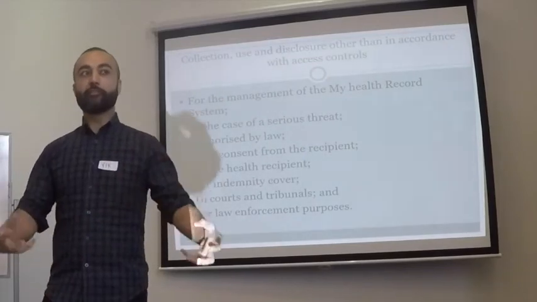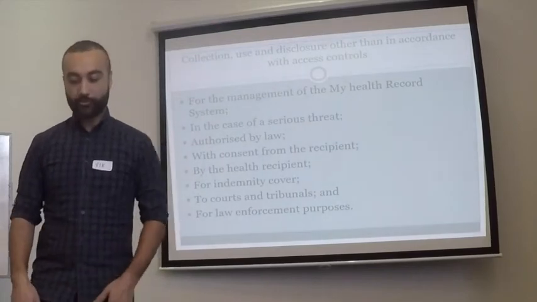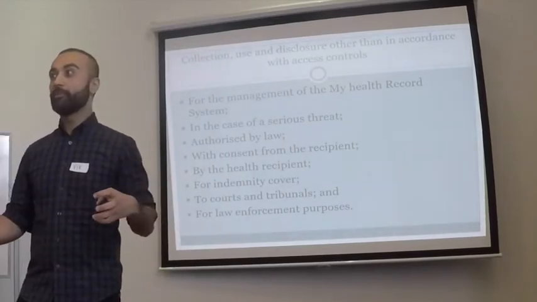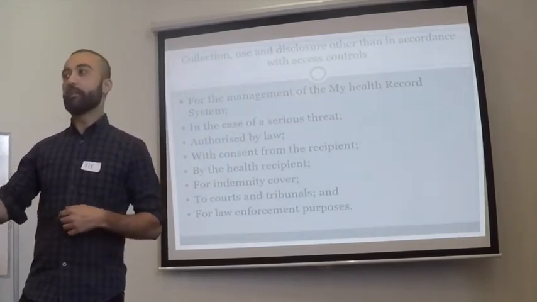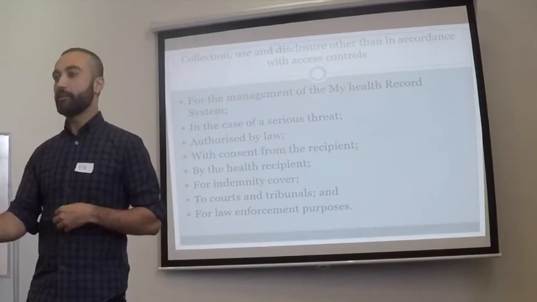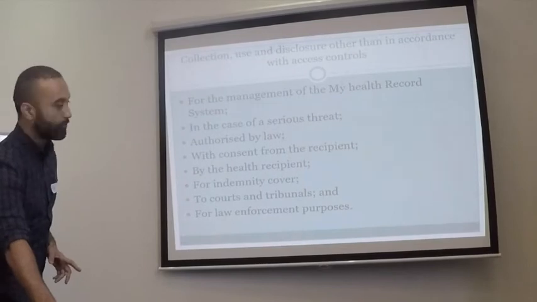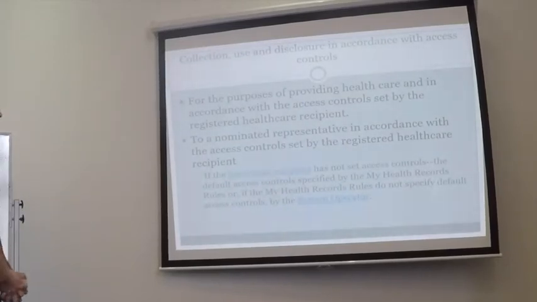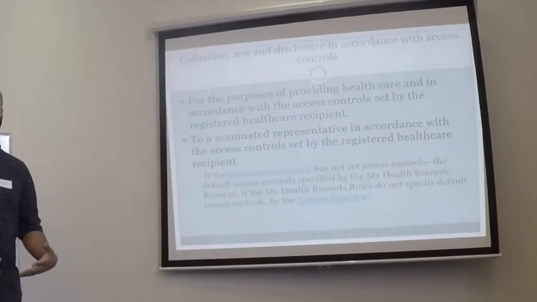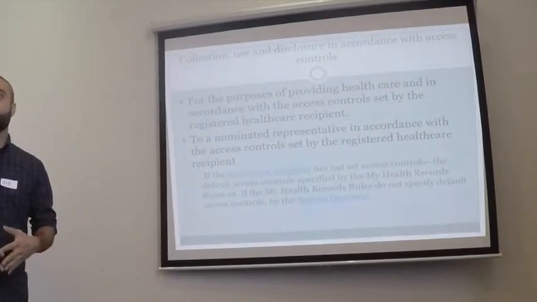And Craig used different words to describe those: primary uses and secondary uses. So access controls are what you can set up for use by your doctors and pharmacists, and you can put controls on what that data can be used for. There's nothing too controversial about those, which is that it's for the purposes of providing healthcare and in accordance with the access controls that are set up by you. Or you can nominate a representative who can access that data, and that's again a process that you have to go through and you decide how that works.